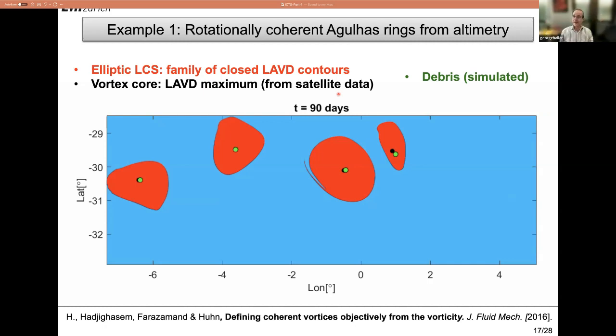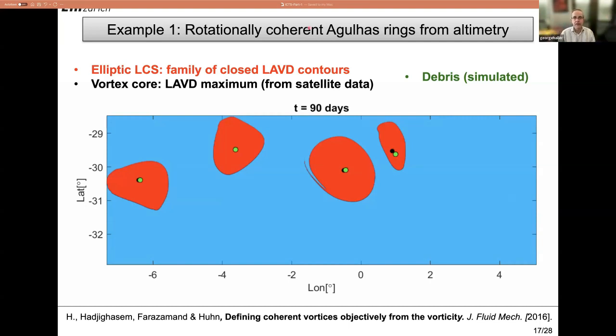But it will always have a finite thickness, and that we cannot predict from this theory, because that's a function of many things: how you initialized the tracers, how long you waited, how long the LCS has been living, because it may be losing its stability, and then all of a sudden that slab will no longer be thinner and thinner, but it's going to do other things. It gets attracted to other things, right?